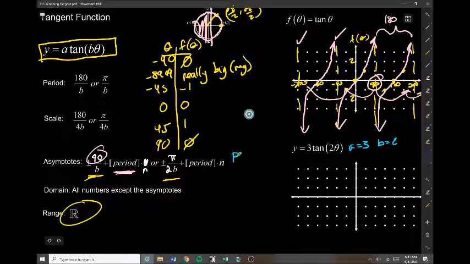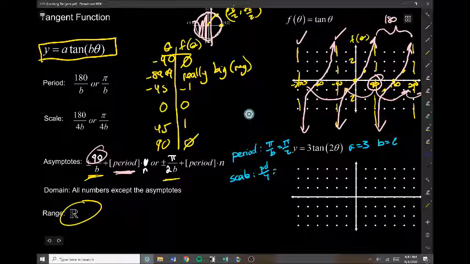The a value is 3, and the b value is 2. So that means the period, let's do this one in radians and not degrees, okay? The period is going to be pi over b, which is pi over 2. My scale is just the period divided by 4, so it's going to be pi over 8. So I'm going to count by pi over 8s on the x-axis.